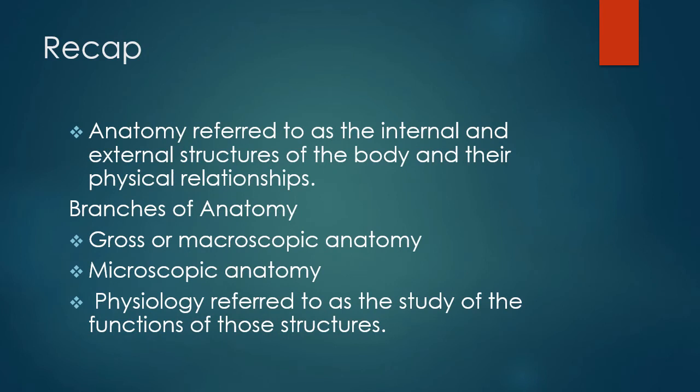Let's go over what we have done earlier. We said anatomy is referred to as the internal and external structures of the body and their physical relationships. It also made us know that anatomy has two branches, which are gross or macroscopic anatomy, and the second one is microscopic anatomy.